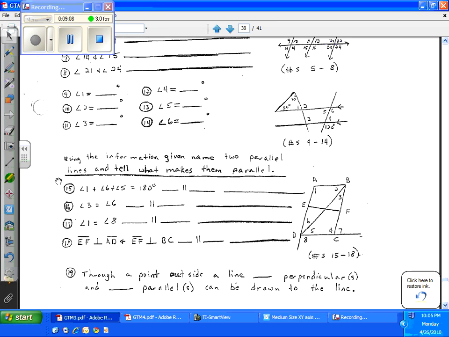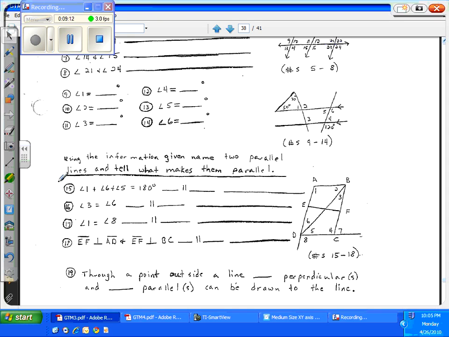We're going to use everything that we have learned in geometry so far. First of all, there being a little arrow in the middle of that line and a little arrow in the middle of that line is telling us that these two lines are parallel.